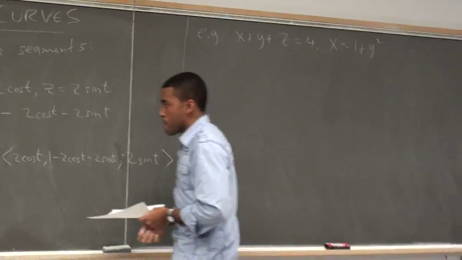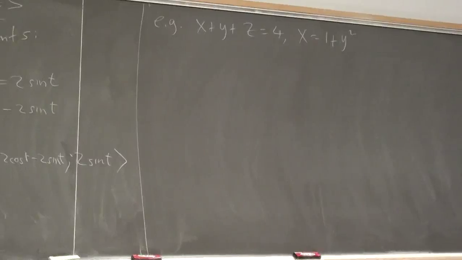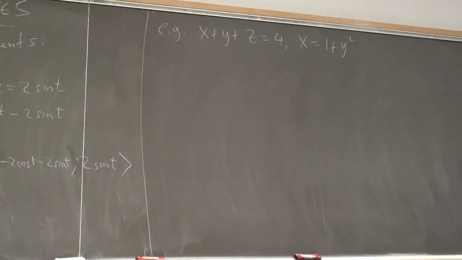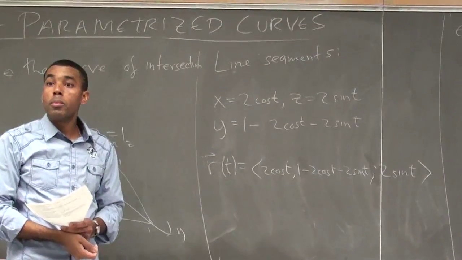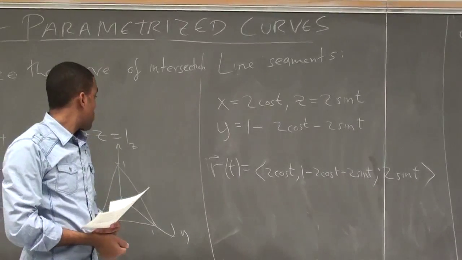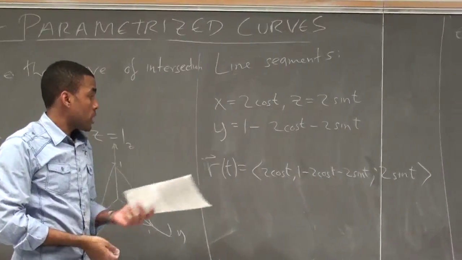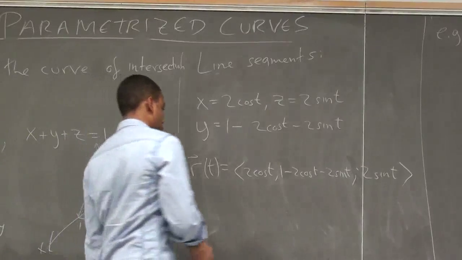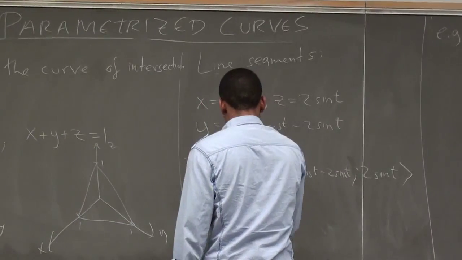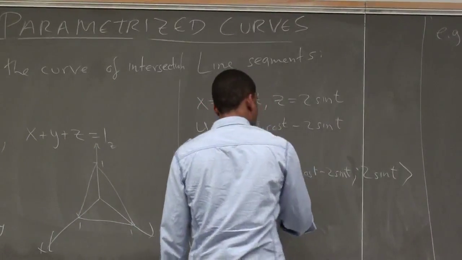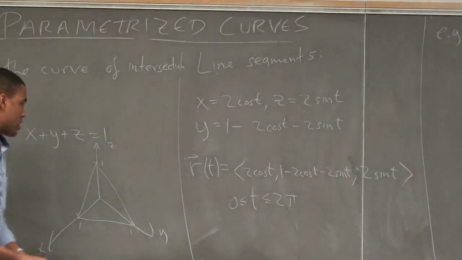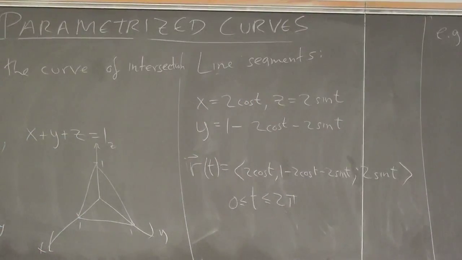How would you parametrize that? What is the domain for the previous one? 0 to 2 pi, right, because by the time you do that, you're already going all around and you don't need to go on, you'd be repeating.